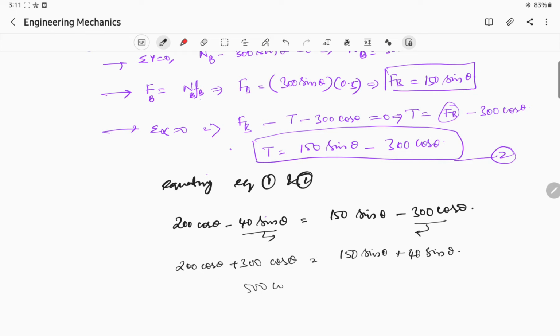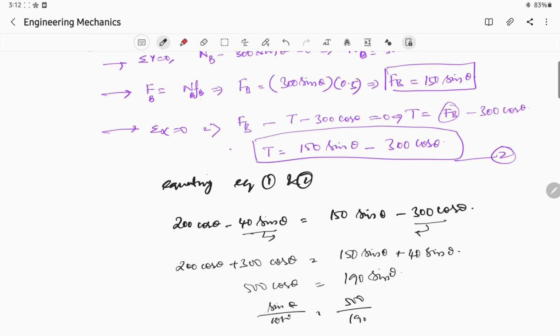So this is 500 cos theta is equal to 190 sin theta. So sin theta by cos theta is equal to 500 by 190.